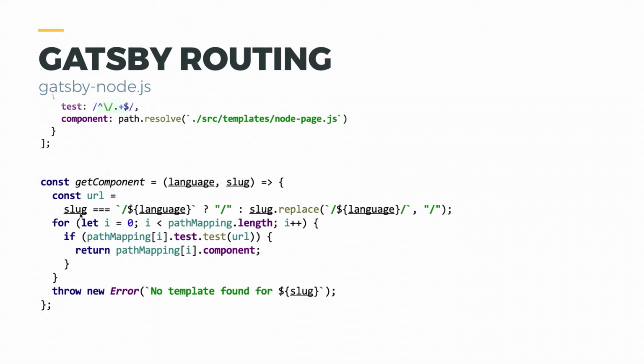Then down here, we loop through the path mapping array and run our regex. When one of these returns true, we know we've found the first match, and we say, hey, it's this component. So based on the URL that we gave and the language that we specified, it returns the specific JavaScript file we need to use. This is how I recommend doing Gatsby routing, to map your Drupal URLs to actual JavaScript files. All of this code is in the GitHub repo.